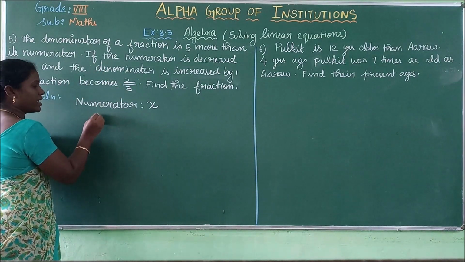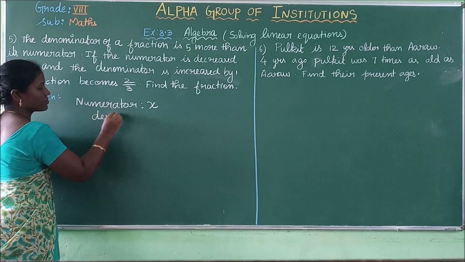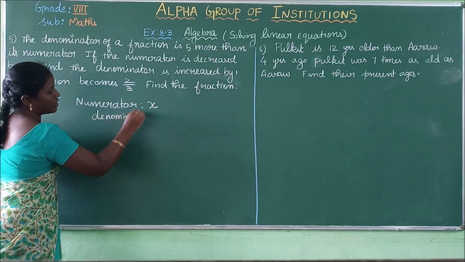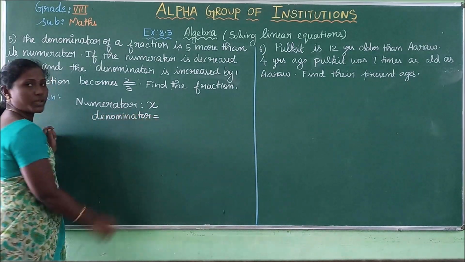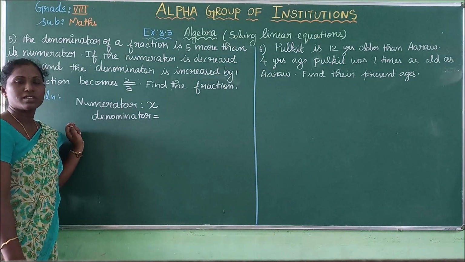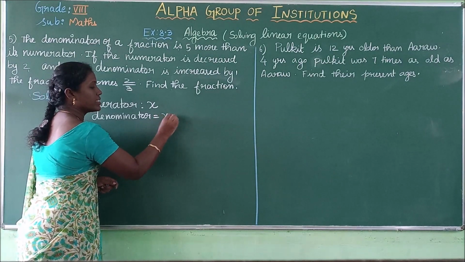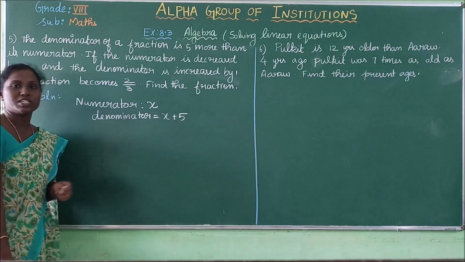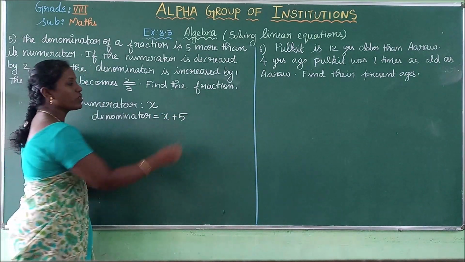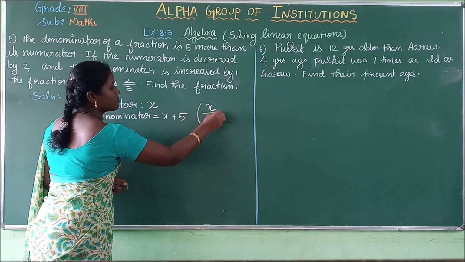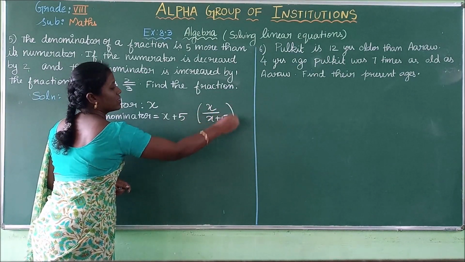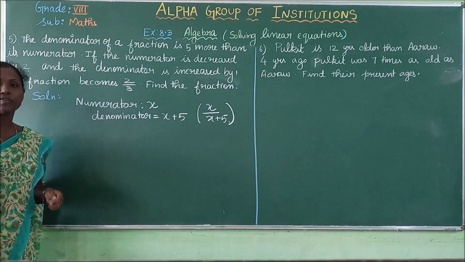So we can take the denominator 5 more than. So what do you have to use here, addition or subtraction? Yes, addition. 5 more than the numerator. So the denominator is x plus 5. So we are using the addition here. So the fraction we have to find here is x by x plus 5. This is the fraction we have to find here.